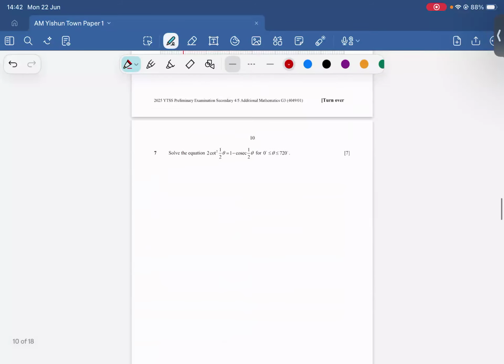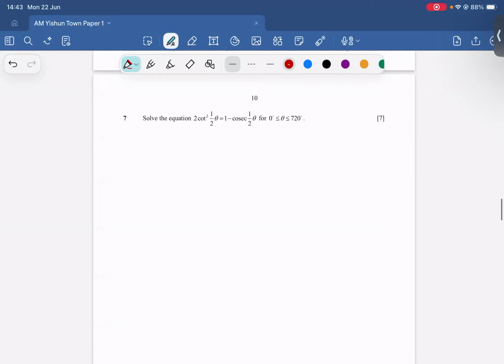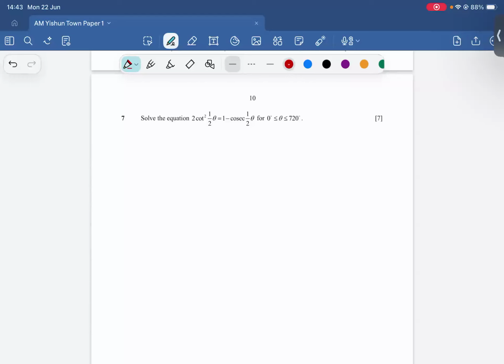Okay, next. Solve this equation. To solve a trigo equation, first thing first, make sure the angle is the same, theta, theta. Second thing that you need to take note of is to make sure that there is as little trigo function as possible.